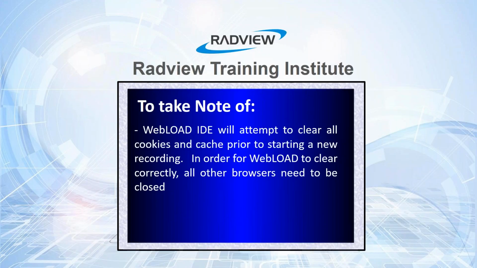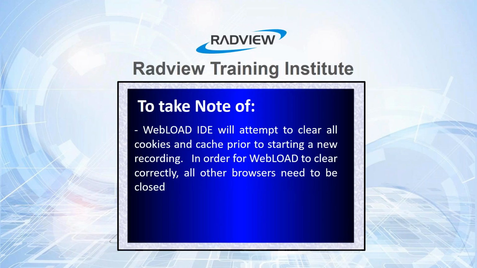The first of these is when you get ready to do your recording of a script for WebLOAD, you want to make sure that you stop all other browsers on your workstation that you're doing the recording on. Very important for WebLOAD that we be able to clear all of the cookies and cache from any other sessions.